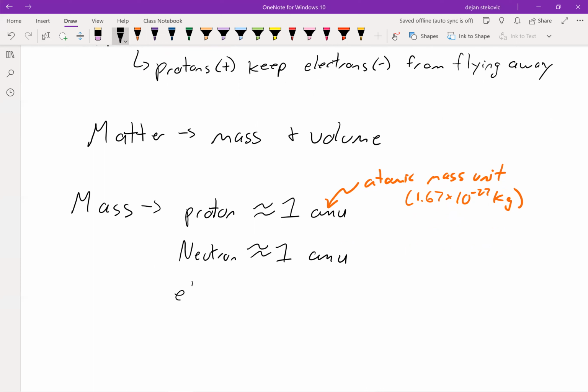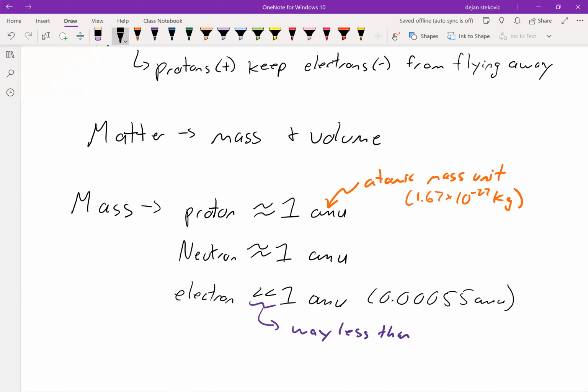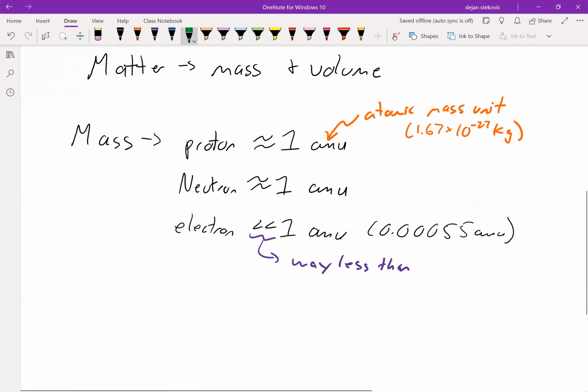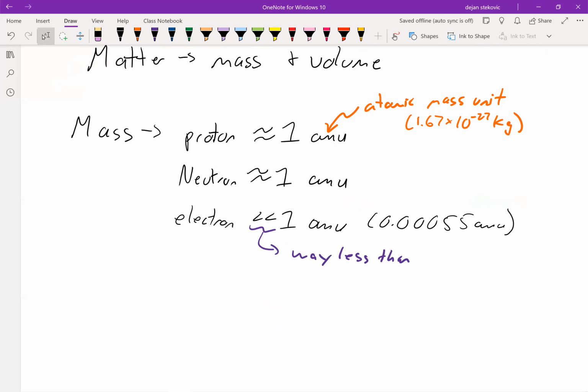And then an electron weighs way less than 1 AMU. These double less than signs just mean way less than. And if you want a number, it's 0.00055 AMU. So what we can see from this is that our protons and neutrons each weigh approximately 1 AMU.